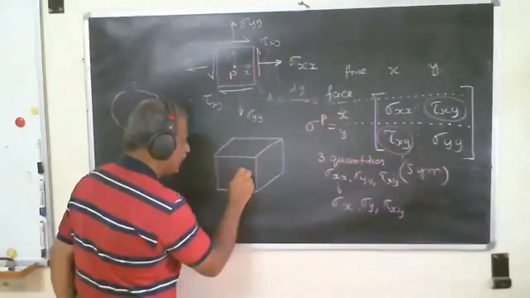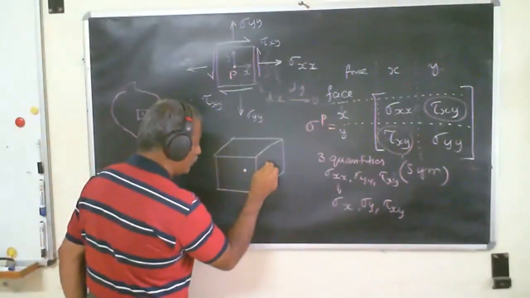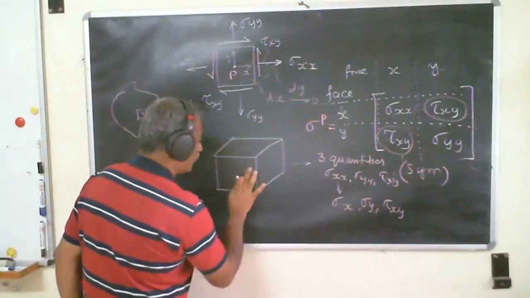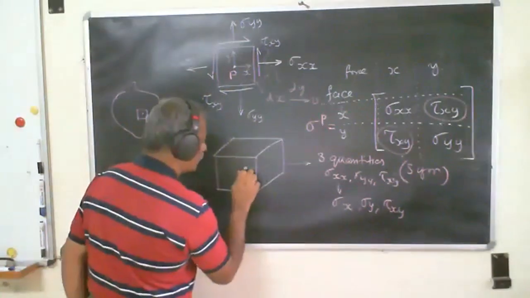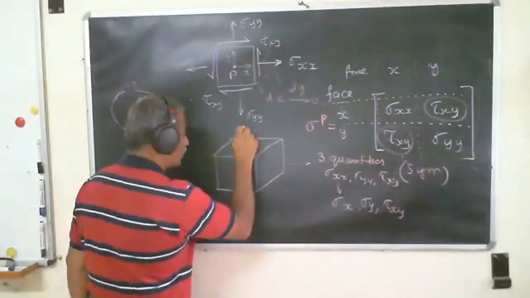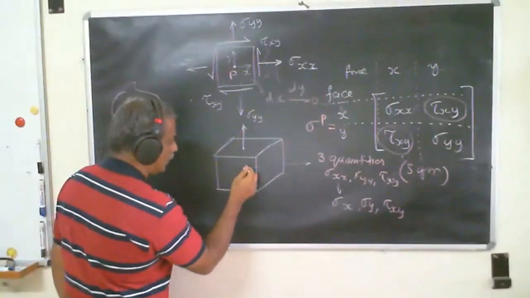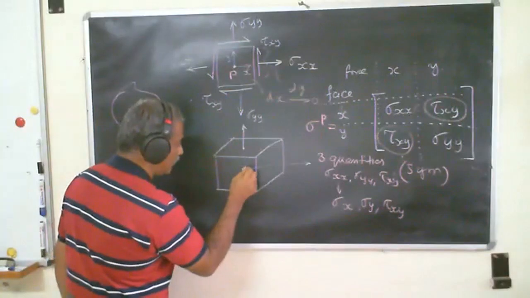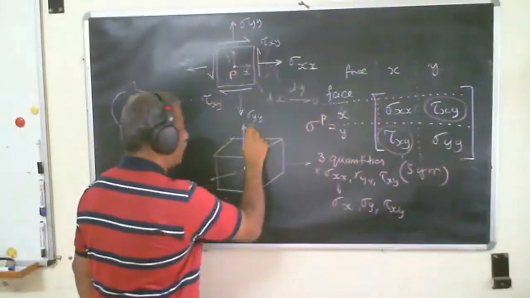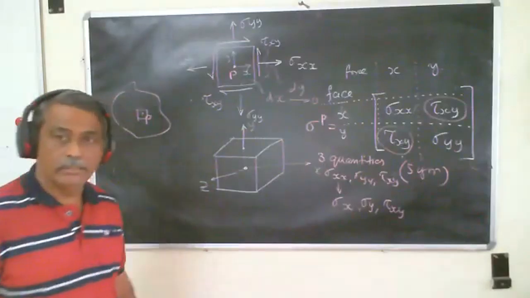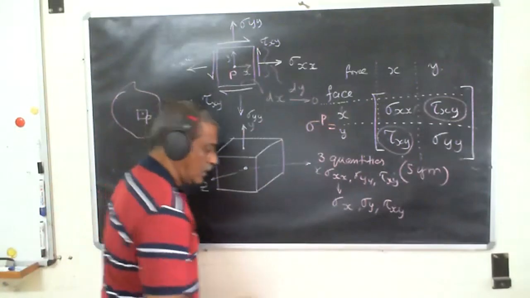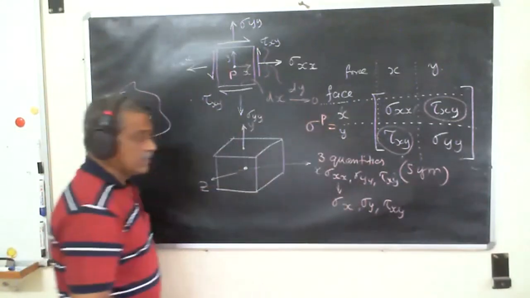Okay. So point P is inside. Then one we have here. Okay. So let's say this is X, Y, and Z. Let's look at this first and draw all the stresses that are possible here.